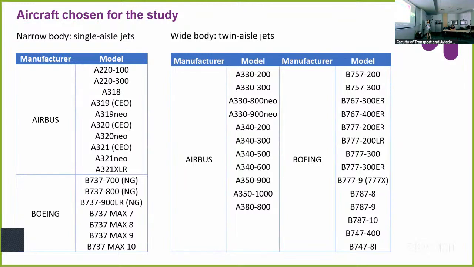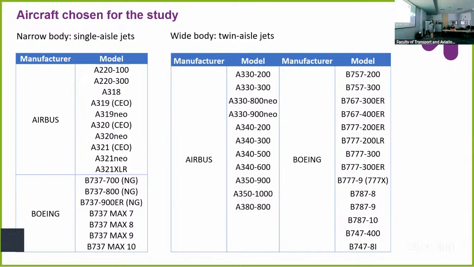Yes, and here you can take a look at all the models that we took into the research. So the survey covered Airbus ranging from A220 to A321, of course with new engine options and the XLR, and Boeing 737 new generations, the Boeing 737 MAX, in the single aisle jets, narrow body.